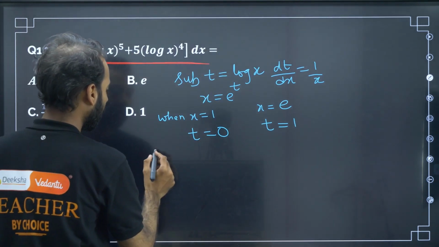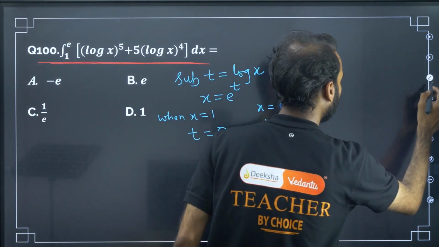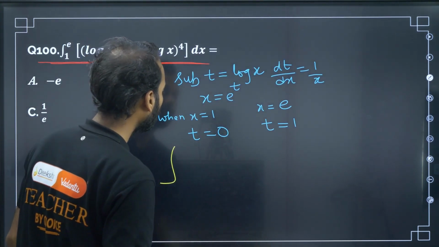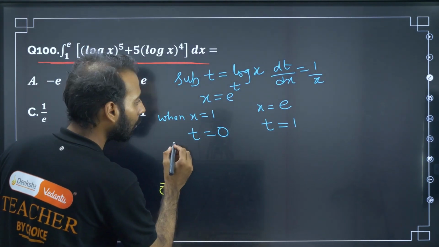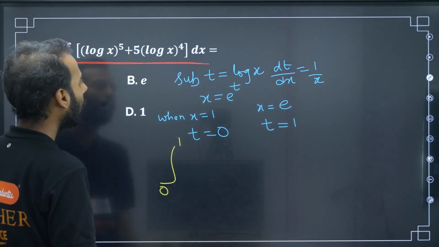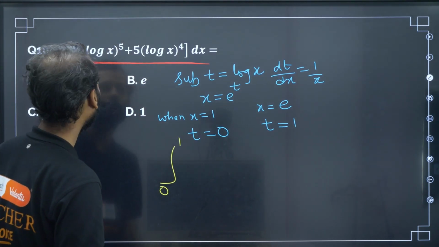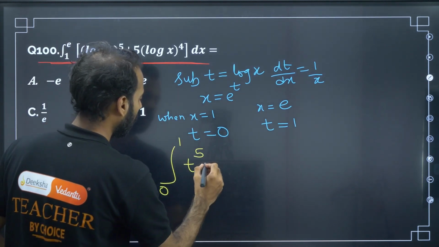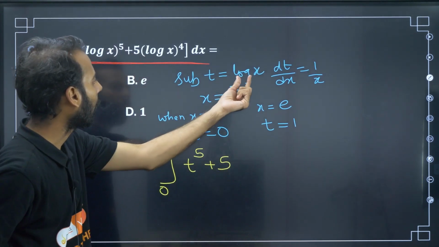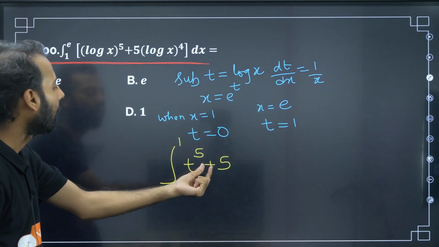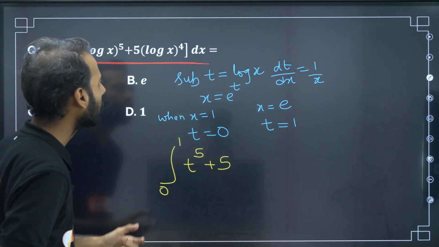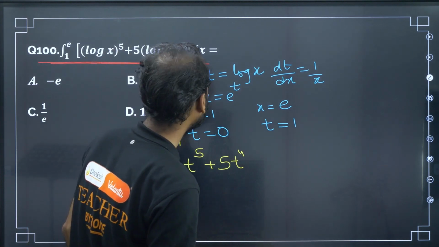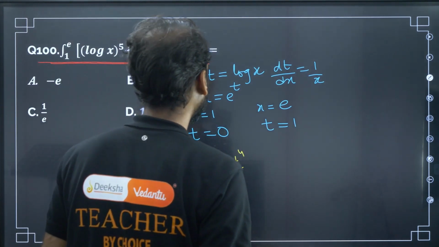So this integration gets transformed: in place of 1 to e, we have 0 to 1. In place of log x we have t raised to 5, plus 5 t raised to 4, dx.